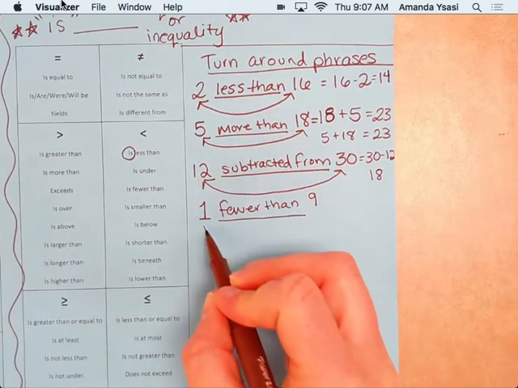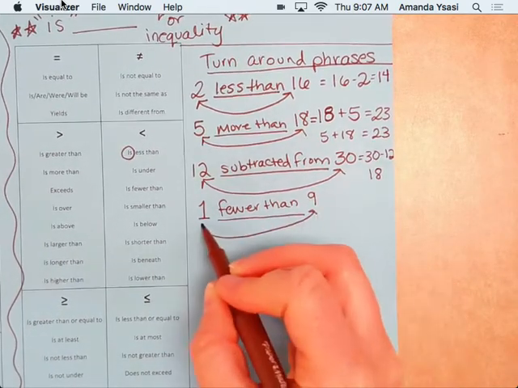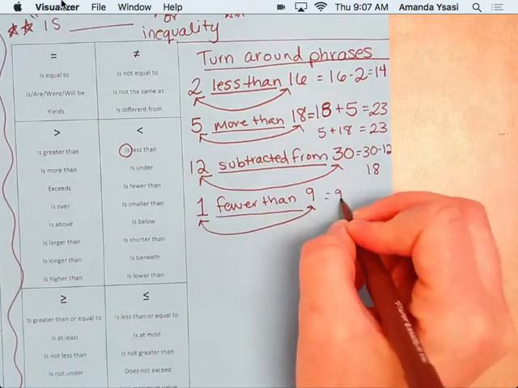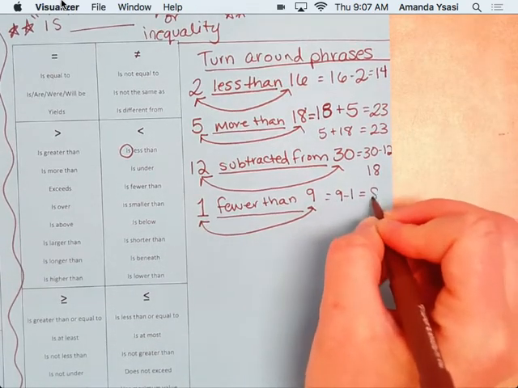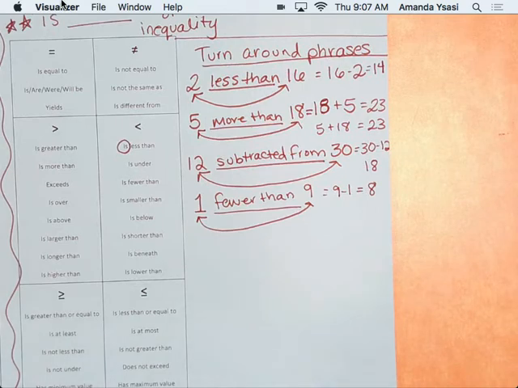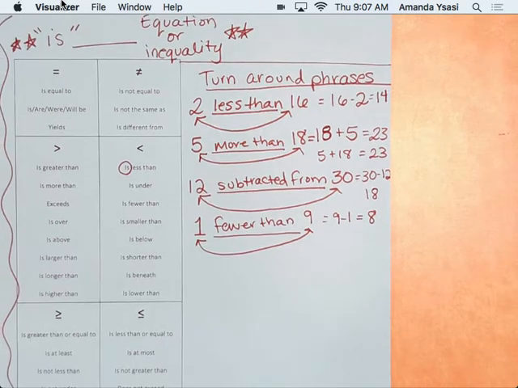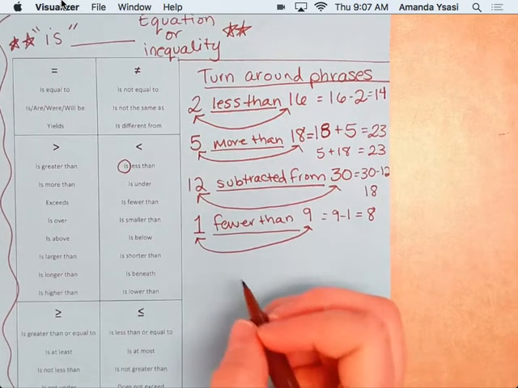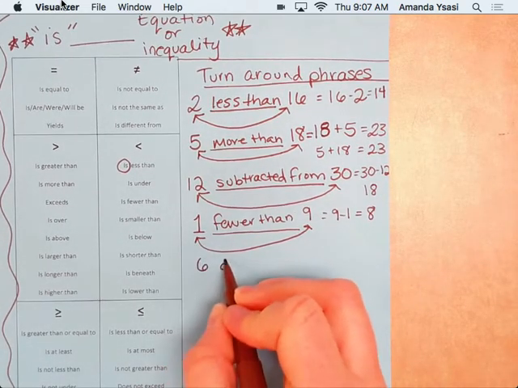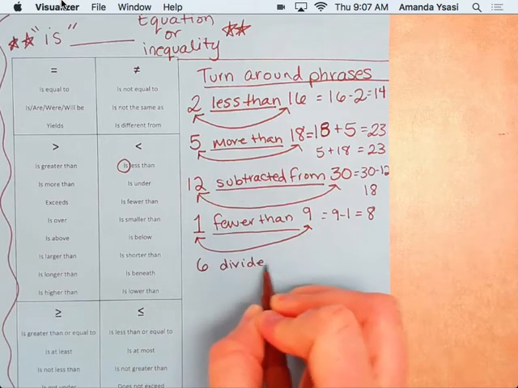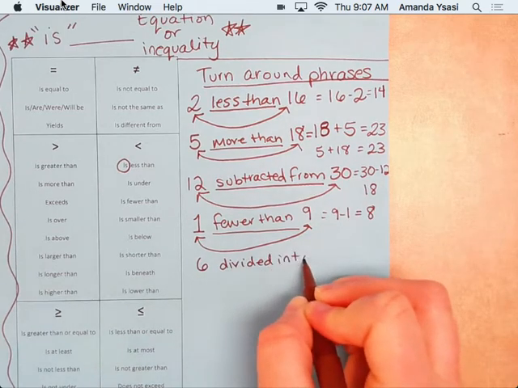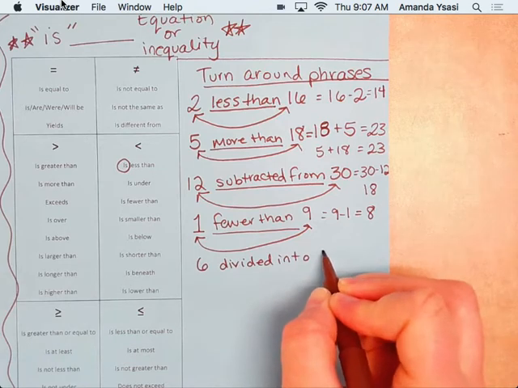So we're going to turn around the words. So it's 9 minus 1, which is 8. Okay. 6 divided into 24.